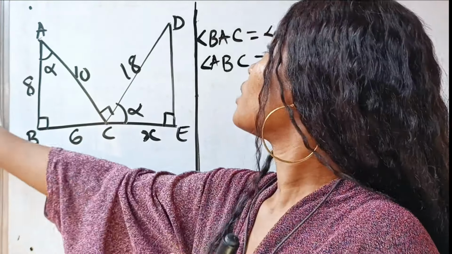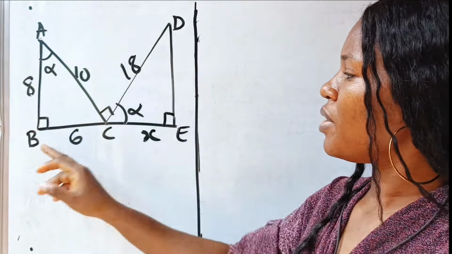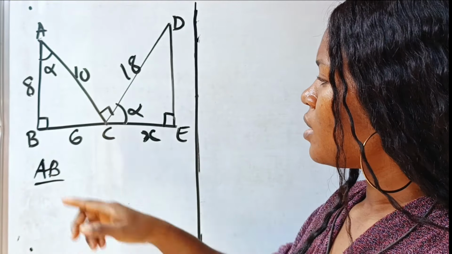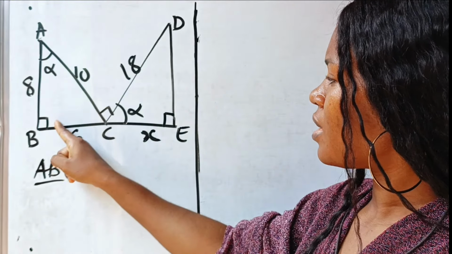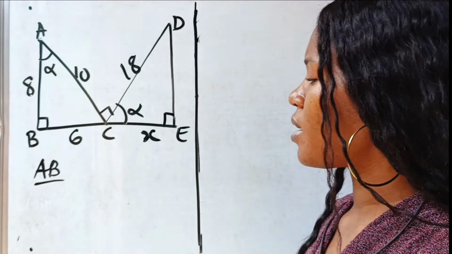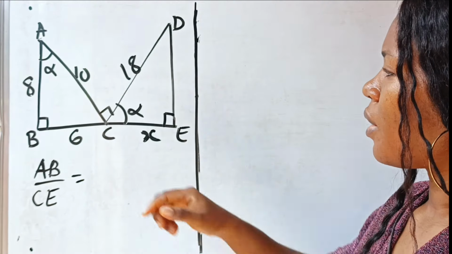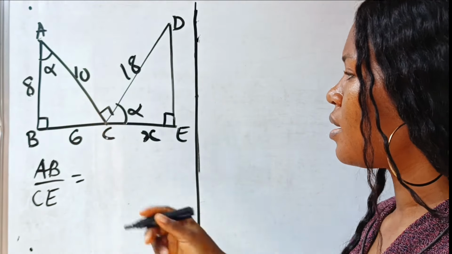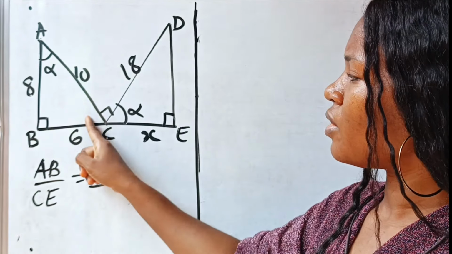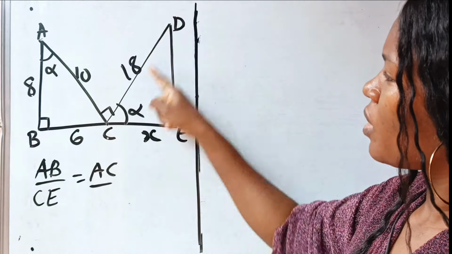So now let's go ahead and solve. If I take AB divided by the side that is holding our alpha and our 90 degrees, it should be over CE. This is equal to AC over the side holding alpha and the unknown angle, which should be CD.